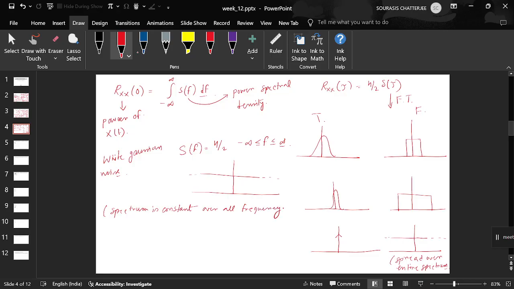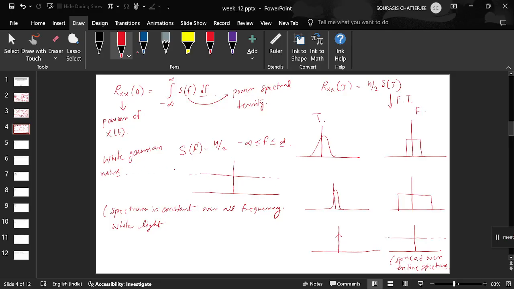Now think a bit and try to draw a similarity of this with something you have encountered in the past. What does the concept look similar to? Whose spectrum is constant over all frequency? Actually, if you remember, it is white light. If you see the spectrum of white light, it basically contains all frequencies, so the spectrum is kind of constant over the entire frequency range. Because of this similarity with the white light spectrum, it's called white.